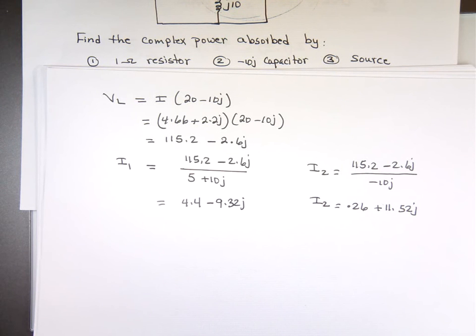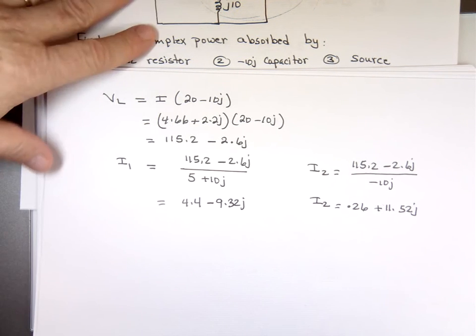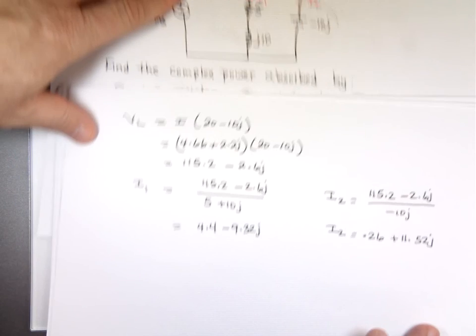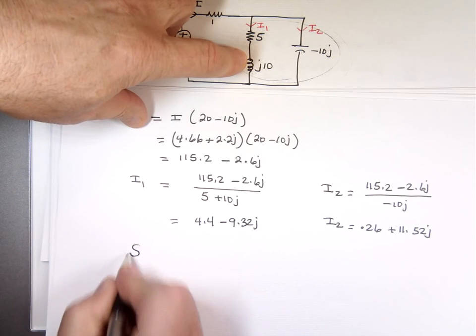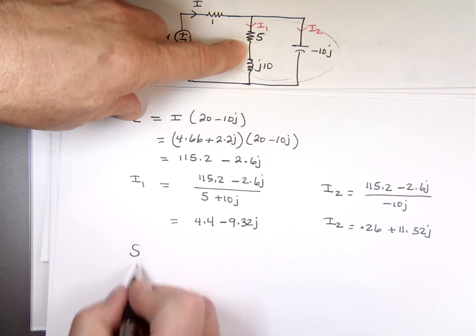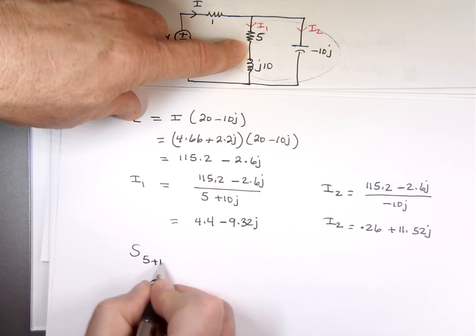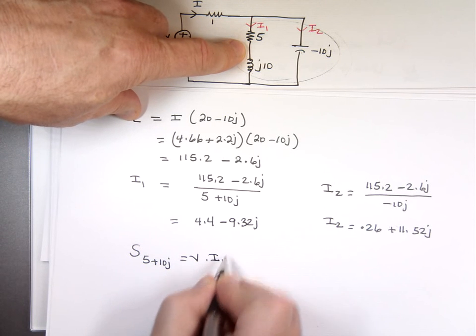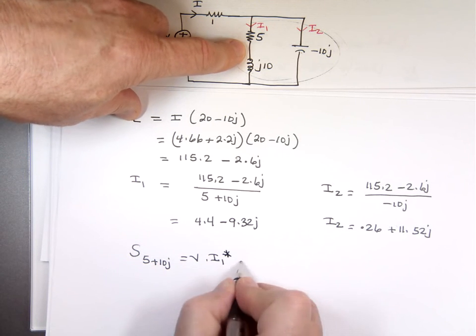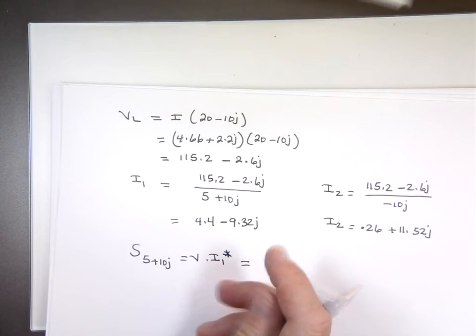So now if I know that, I know the voltage there too. So looking at that circuit, here we go. Complex power by the 5 plus the 10j. It's V times I sub 1 conjugate. We know what V is. We just did the math on that one. Where'd you go, V?